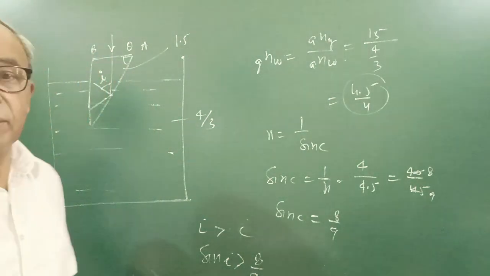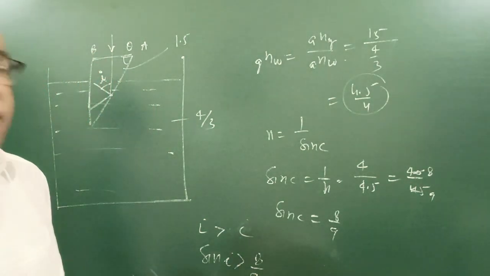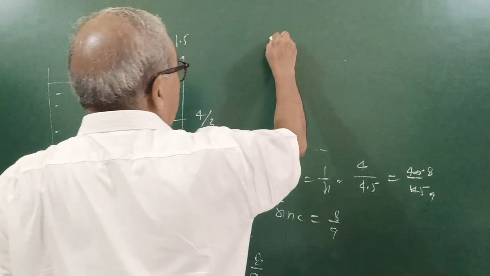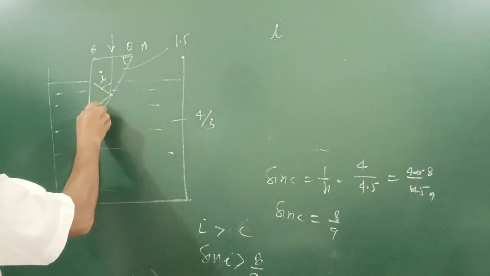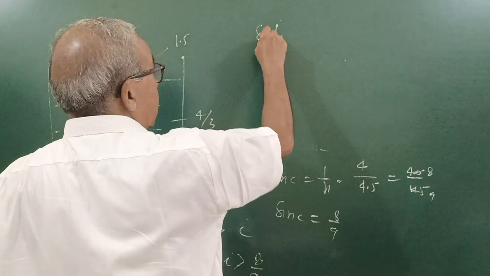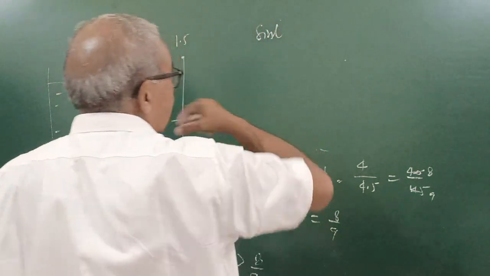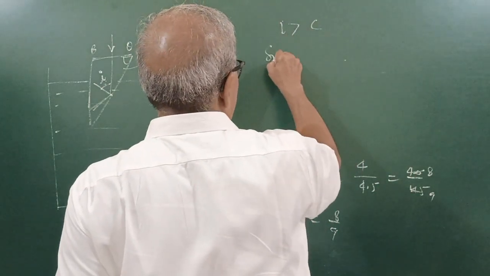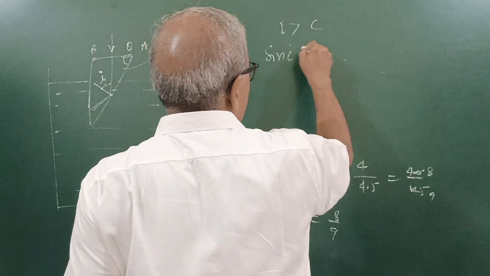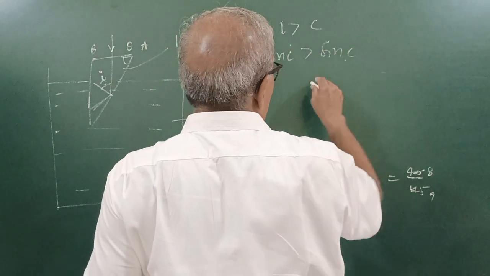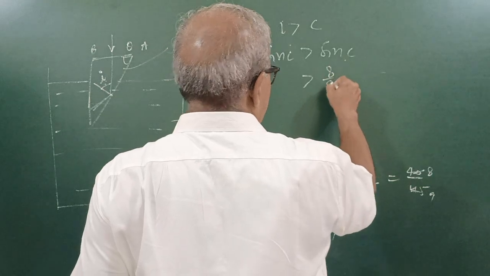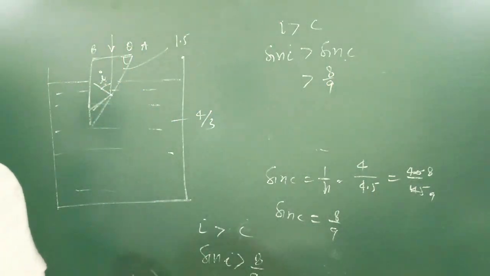This is the correct option. For total internal reflection, this I should be greater than C, or sin I should be greater than sin C. In case sin C is 8 by 9, so it is greater than 8 by 9. This is the correct answer.